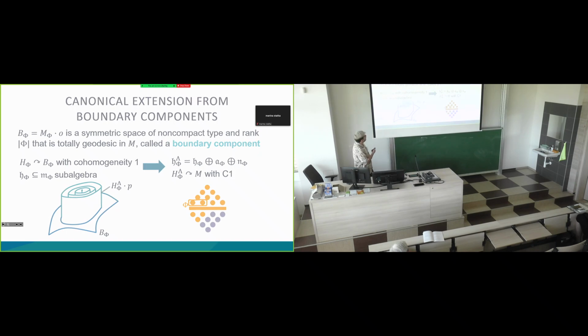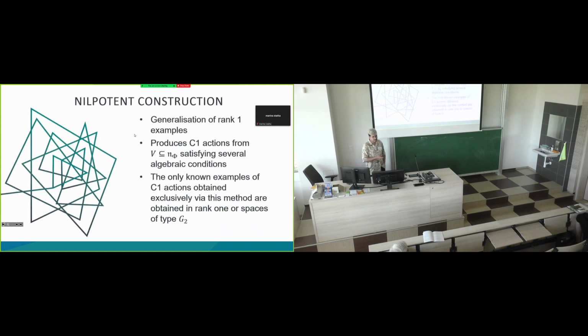And finally, there's this third method, which I won't get into, which is called nilpotent construction. Basically, it's something really algebraic and mysterious, which involves producing cohomogeneity one actions from some choices of subspaces of dimension greater than 2 in this M5, satisfying certain algebraic conditions which basically assure that the action is going to have cohomogeneity 1.